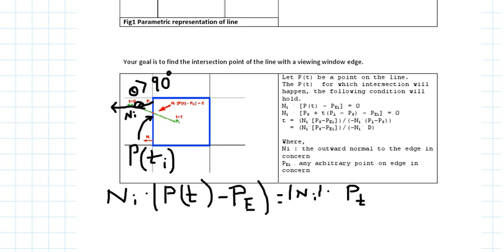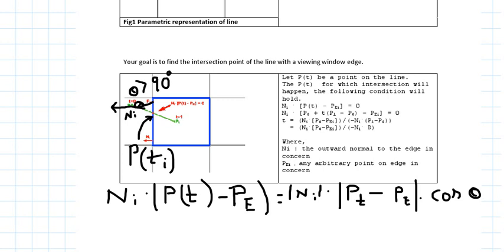PT minus PE. That means, as per the definition of dot product, you are multiplying the amplitude of this outward normal vector with the amplitude of this PT minus PE vector, and will multiply with the angle between these two vectors, cos theta.